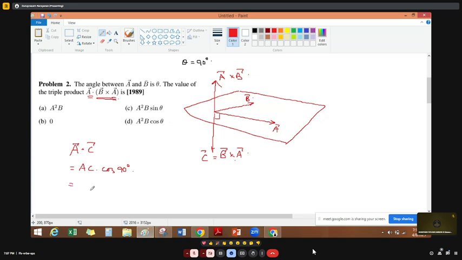What is cos 90? 0, sir. 0. So if you see the same letter repeating like this, you can immediately choose 0. Even if they give you B dot B cross A, that will also be 90 degrees, right? This vector is also at 90 degrees. Why? Because this vector is perpendicular to the plane containing A and B.